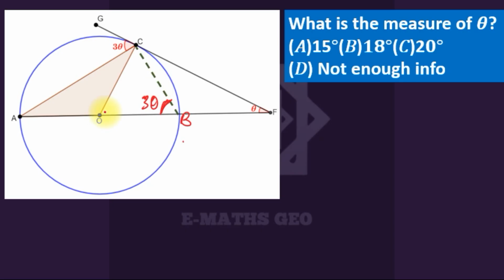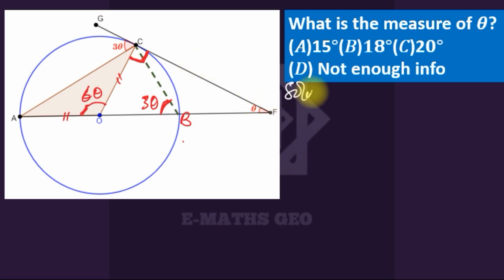Using the inscribed angle theorem, which says that the central angle is 2 times the inscribed angle, this should be 6 theta. This is the radius of the circle, and we know that the radius is always perpendicular to the tangent line, so this is 90. Finally, we relate this remote interior angle 90 and theta with the exterior angle 6 theta using the exterior angle theorem. So we are done with the solution.